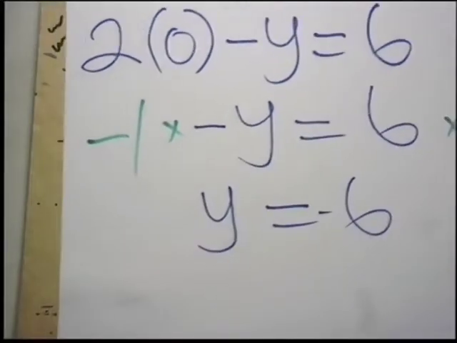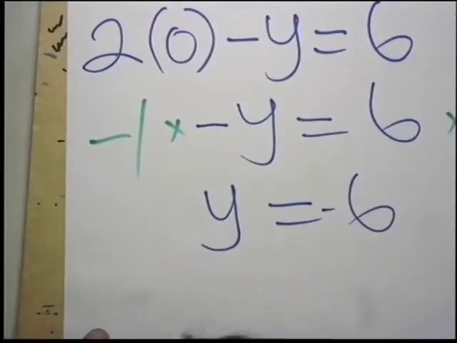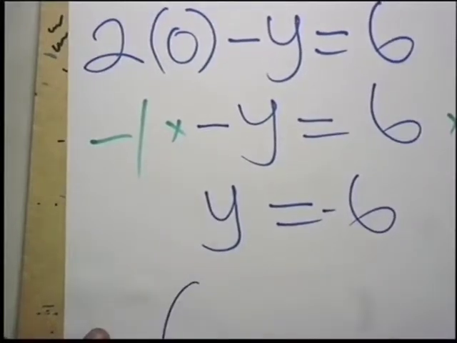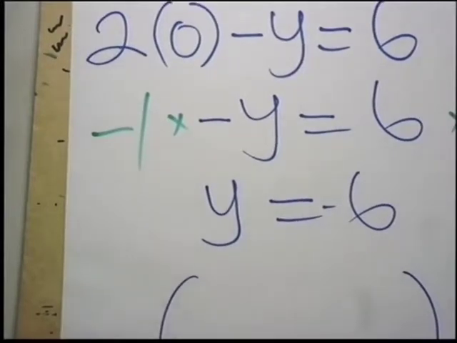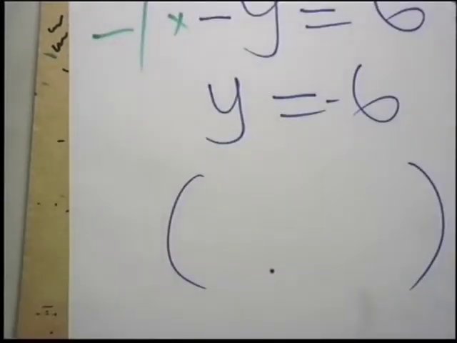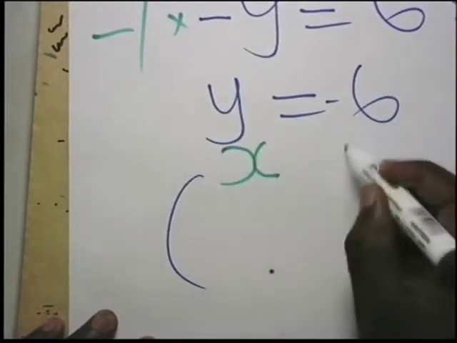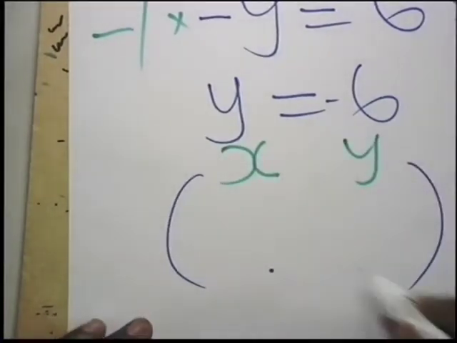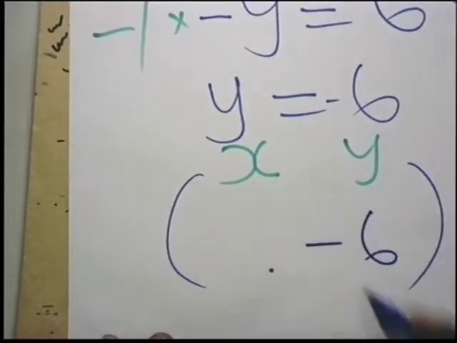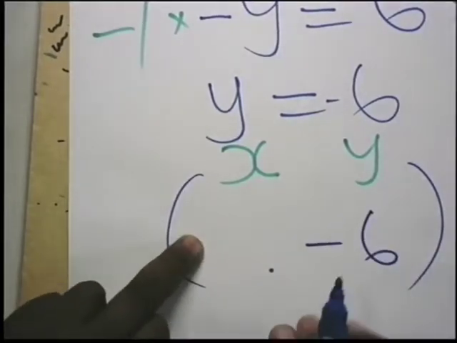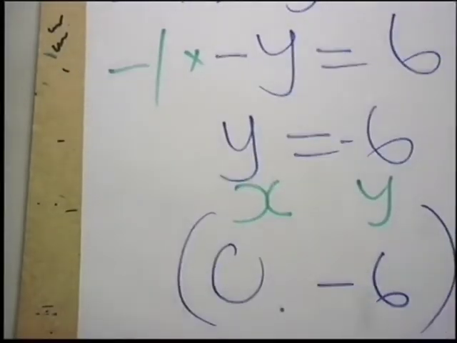So what does this mean? Our coordinates are represented by a point, with x here and y there. When our y is minus 6, our x, remember we've put a 0 here, so it will be 0.